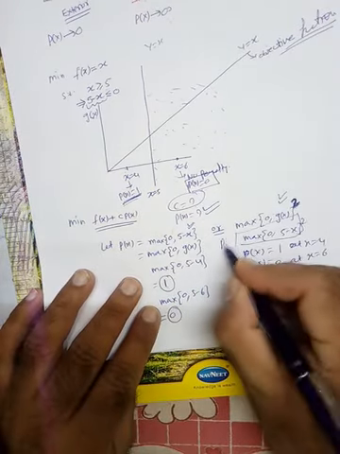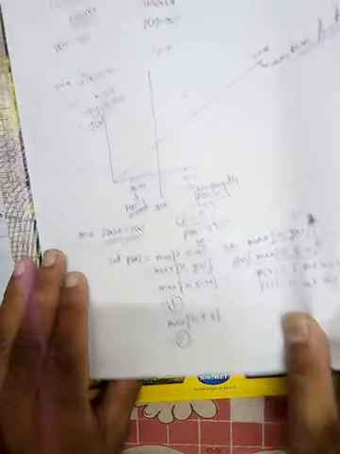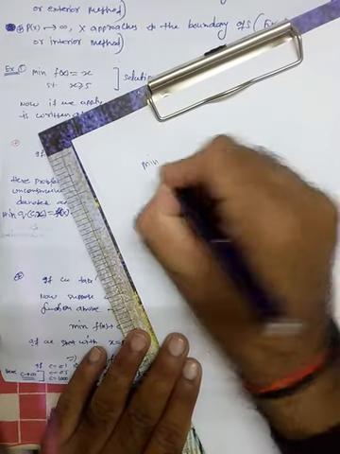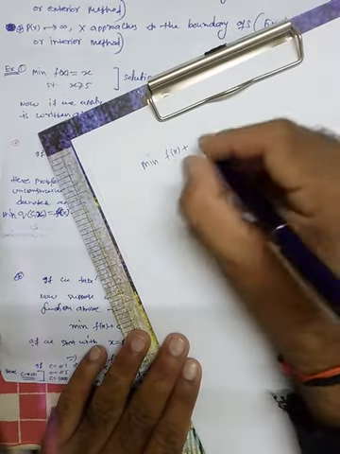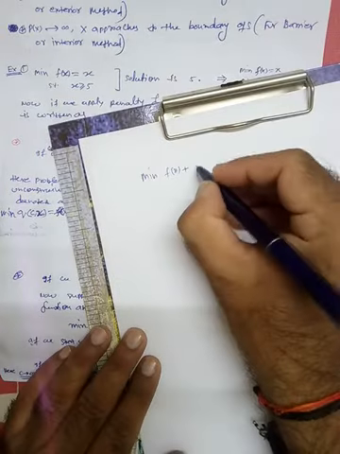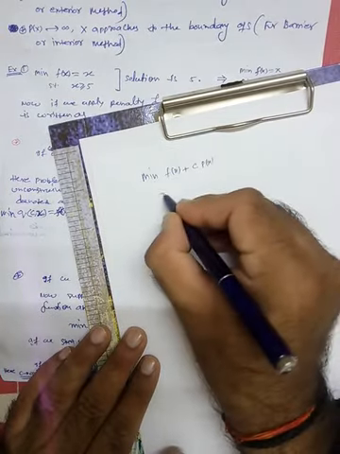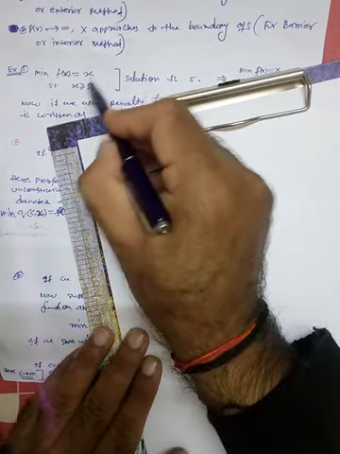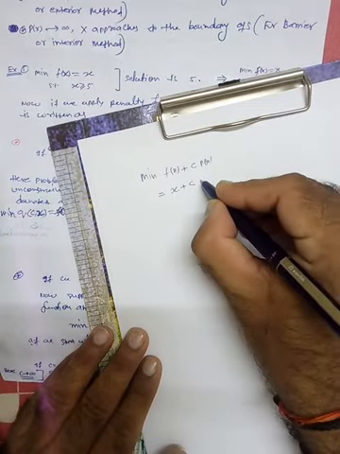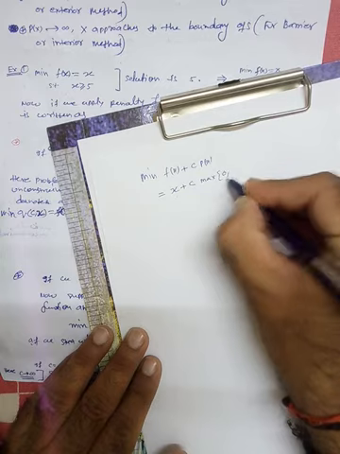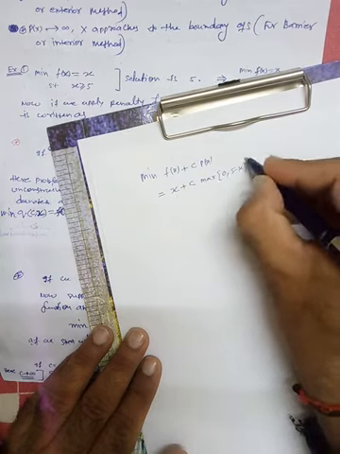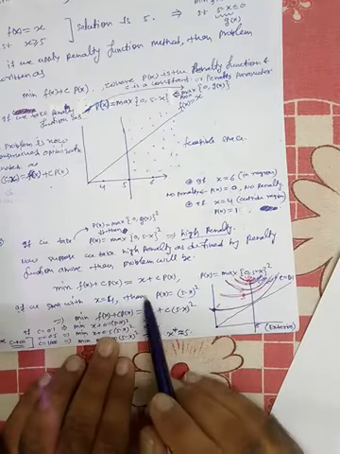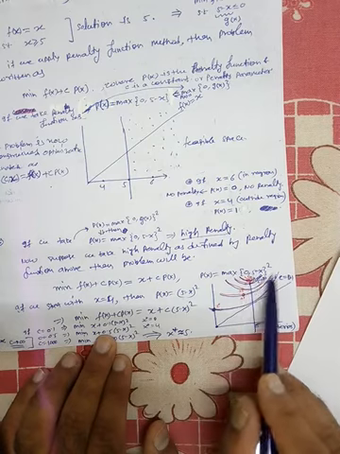Then your function is to minimize f(x) plus c p(x). Here f(x) is x, so it is x plus c times the maximum of 0 and 5 minus x, whole square. Suppose we have selected this choice, so p(x) is maximum of 0 and 5 minus x whole square.